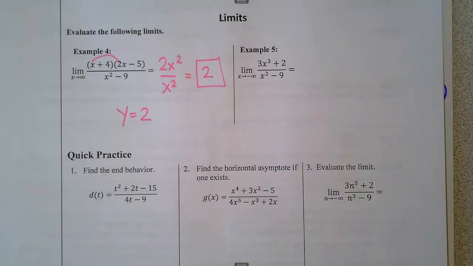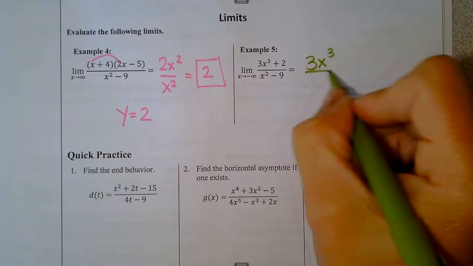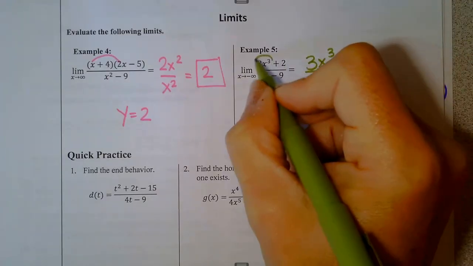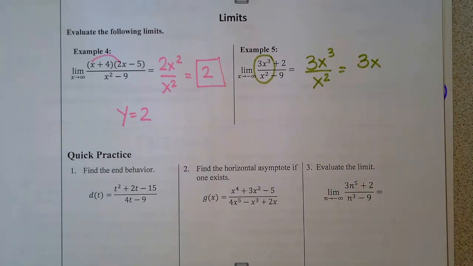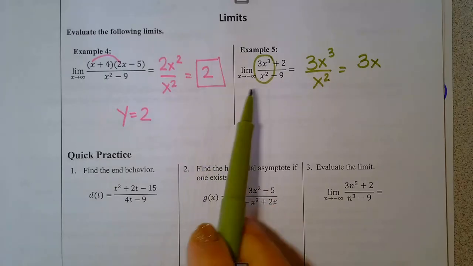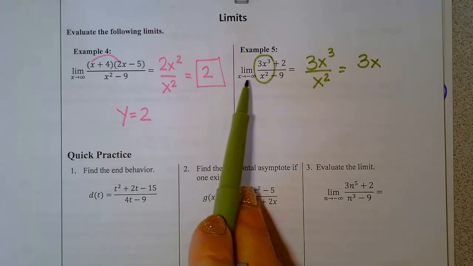What about this next limit? Okay, so this one gets a little bit tricky. So if you have 3x cubed over x squared, that's going to be 3x, isn't it? Okay. So what does it want my limit to be? Negative. Do you see down here it's a negative infinity?